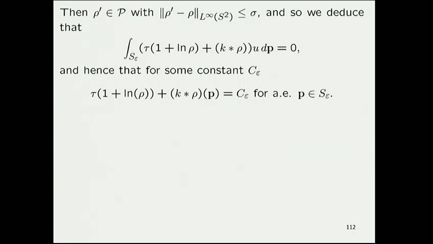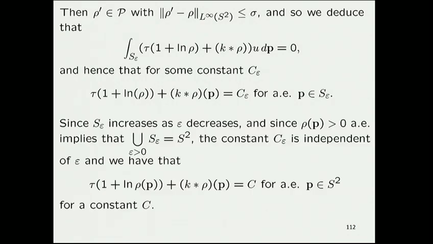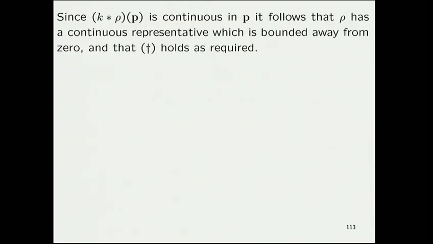But of course, as epsilon decreases, S epsilon gets bigger, so it can't depend on epsilon. And you know that because from the previous argument, rho of p is strictly bigger than 0 almost everywhere. So this holds for some constant c almost everywhere, which is the Euler-Lagrange equation that we want.